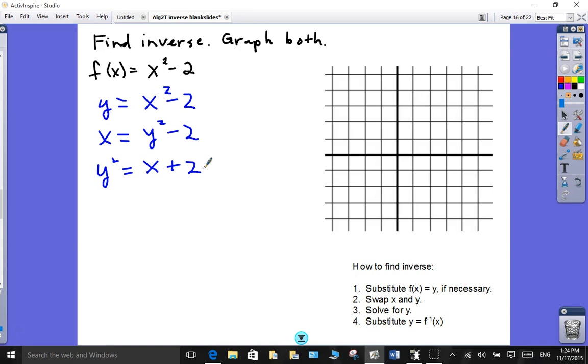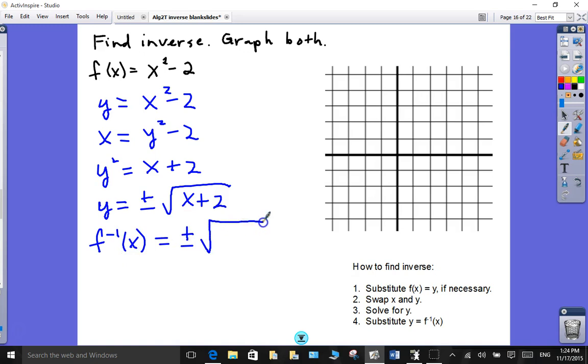First you solve for the squared, then you take the square root of both sides, right? But what do you have to remember to include when you take the square root? Plus or minus, right? So y equals plus or minus the square root of x plus 2. f to the minus 1 of x equals plus or minus the square root of x plus 2.